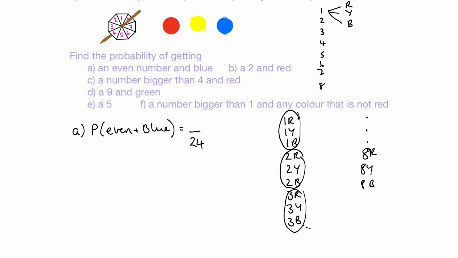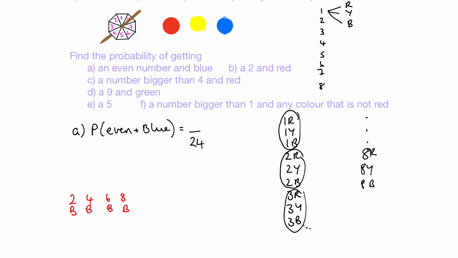Okay, so the probability of getting an even number in blue, so the even numbers are, just let me put this over here. The even numbers are 2, 4, 6 and 8, and blue, blue, blue, blue.